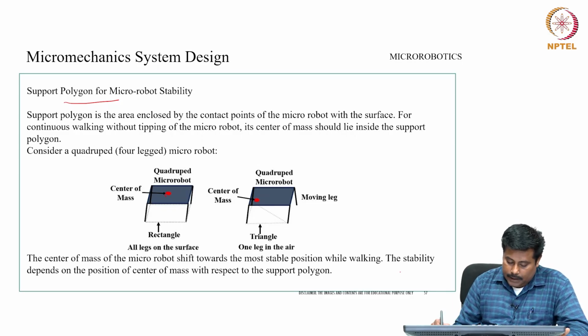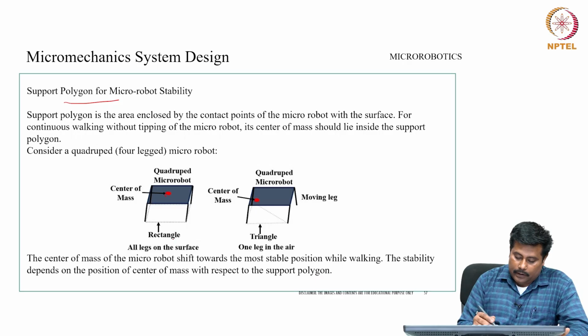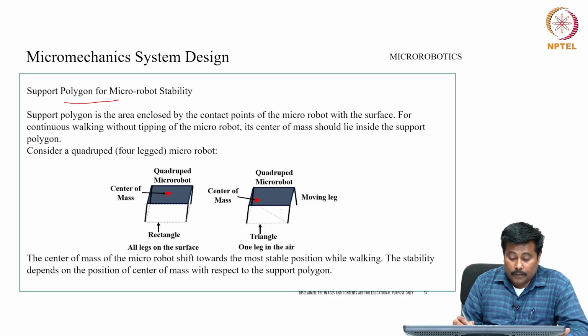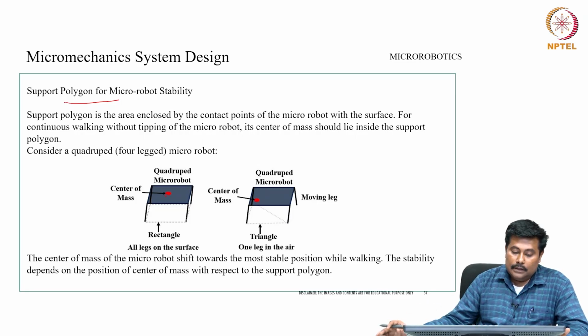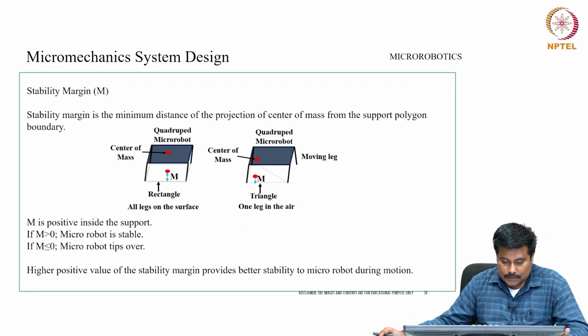So, the stability depends upon the position of the center of mass with reference to the support polygon. That is, when all the legs are on the surface, we get a rectangular profile, and when one leg is moving, we get a triangle with one leg in the air. That is how these micro robot stabilities are studied.